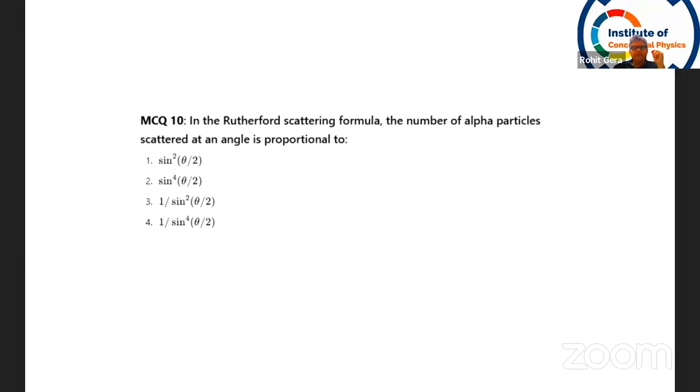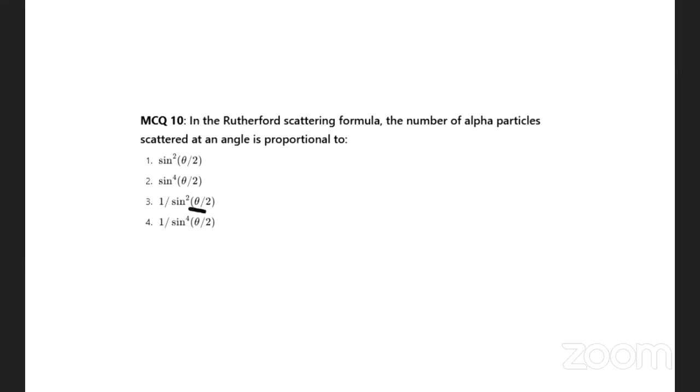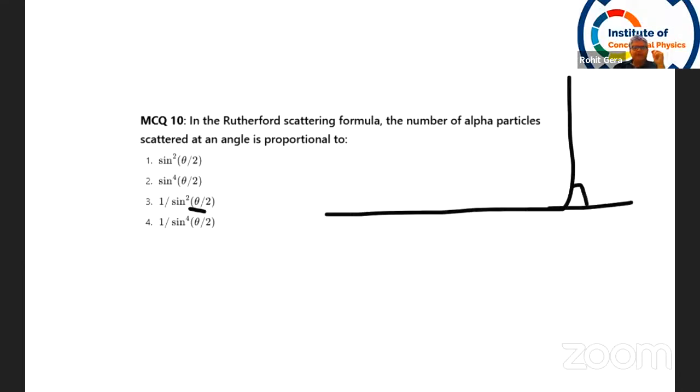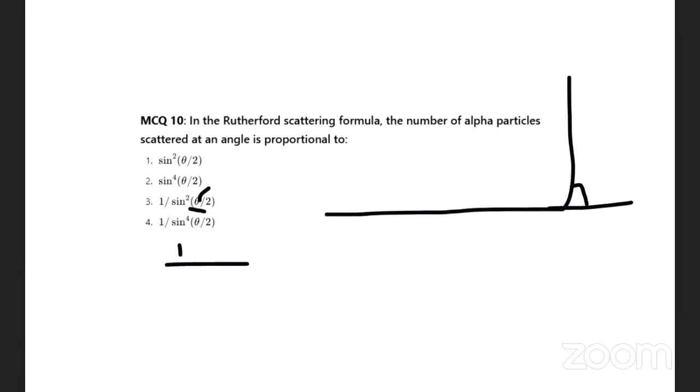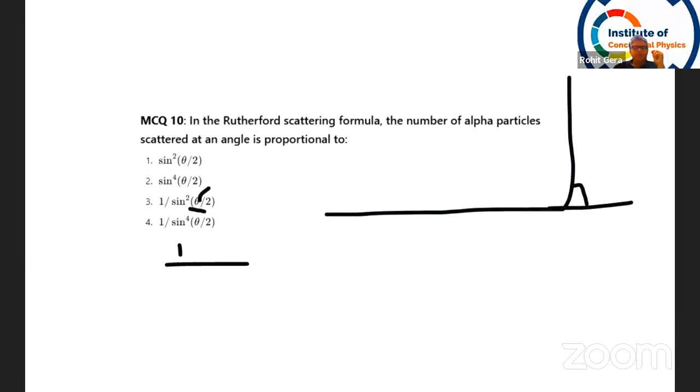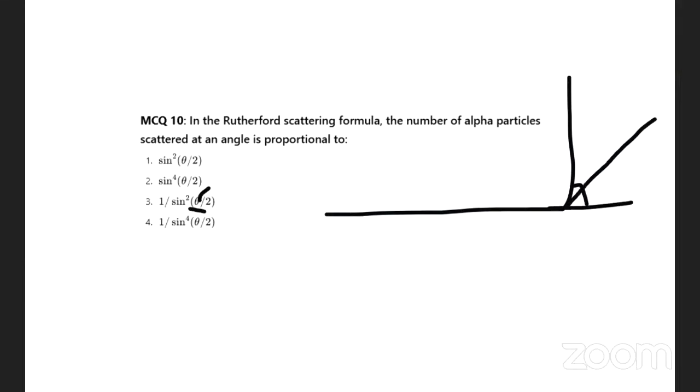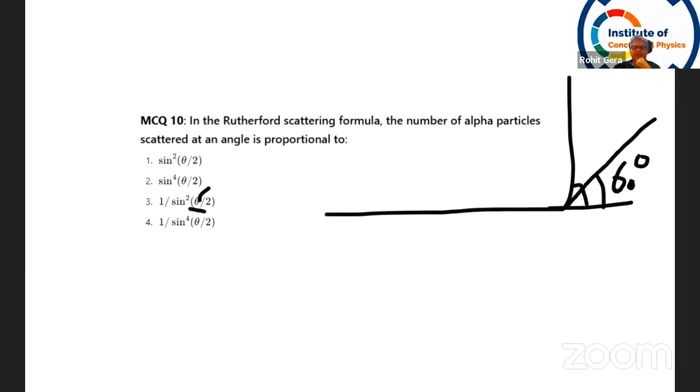So if you have 90 degrees as the angle of deflection, if you put 90 here, you will get 1 upon sine square 45, which is 1 by root 2 whole square. They may give you another angle of deflection, for example 60 degrees. So they may ask you to calculate the number of alpha particles at 90 degrees and 60 degrees.